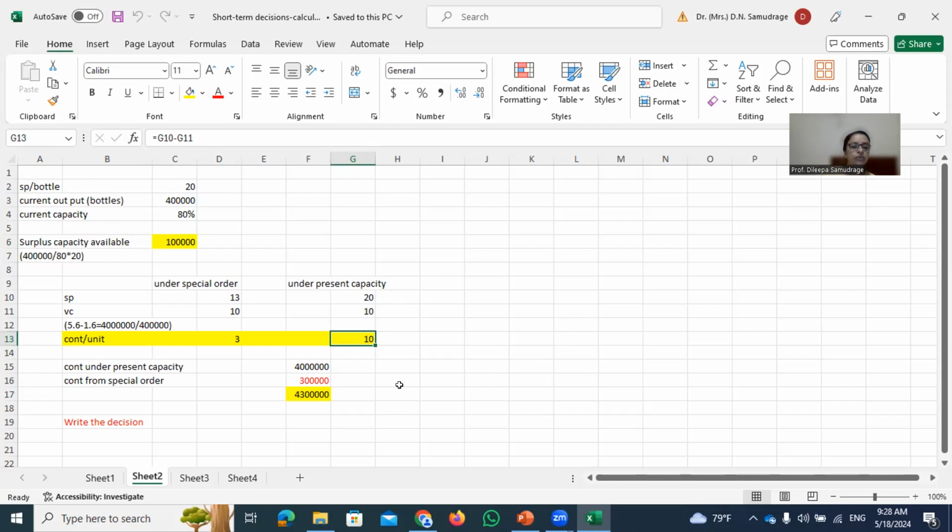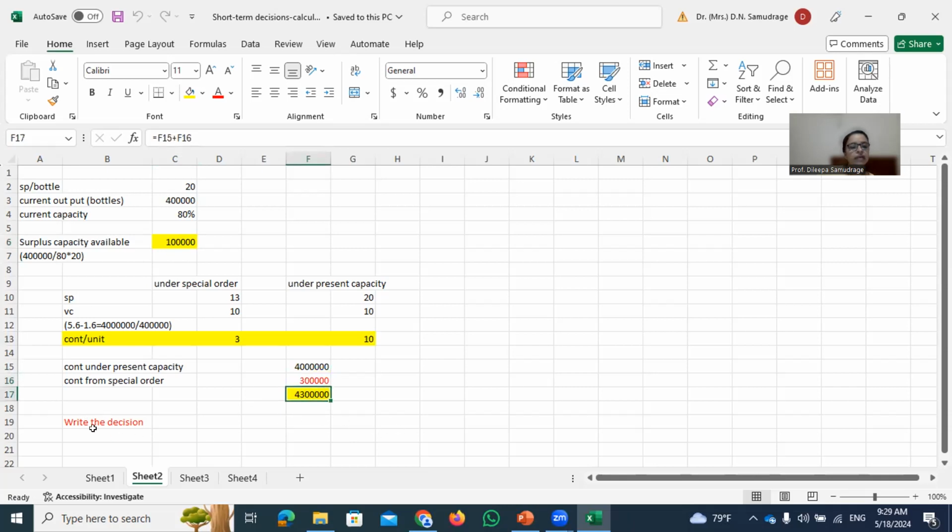Right? So if you accept the special order, your contribution increased by 300,000. Under present capacity, your contribution is 10 into 400,000 bottles, no? So 4 million. Contribution under special order is 3 into 100,000, 300,000. So total 4.3 million.